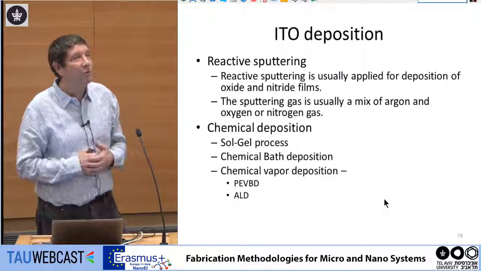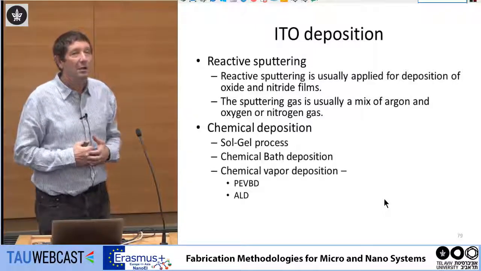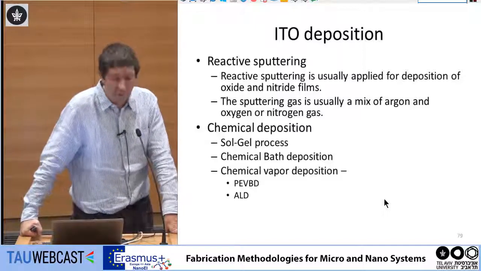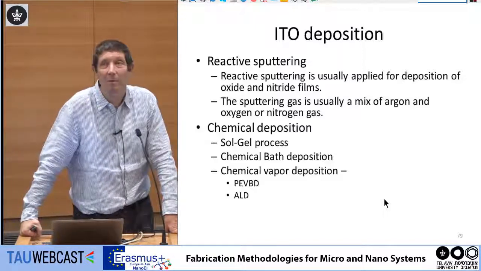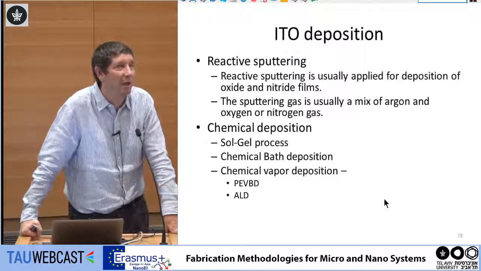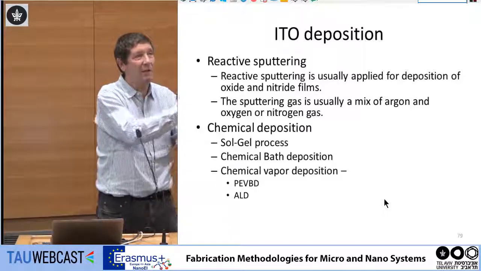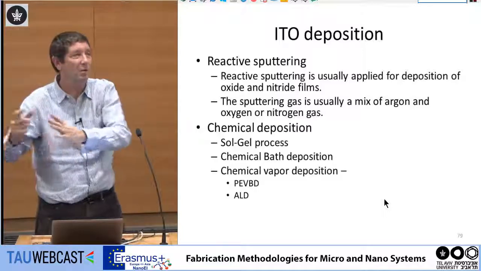How do you deposit ITO? There are two very useful methods. One of them is reactive sputtering. You remember we studied sputtering. We take ions and the ions bombard the target, and because of that we sputter atoms and they deposit on the wafer.